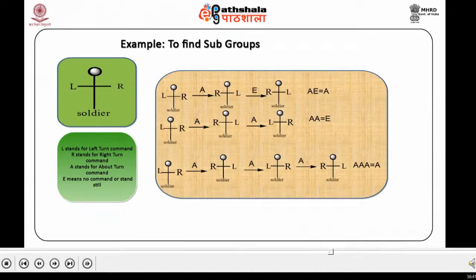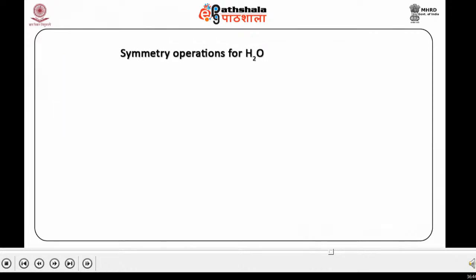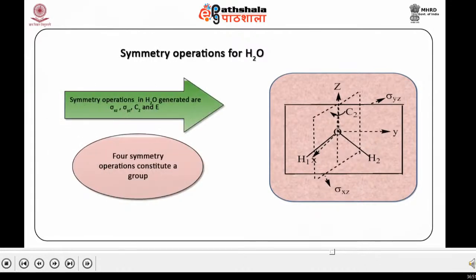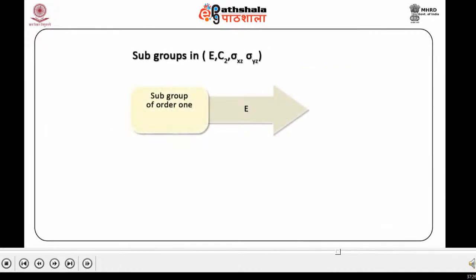The remaining subgroups of order 2, E, L; E, R; L, R; A, L; A, R, etc., do not constitute groups. By taking the example of the water molecule, we can find the subgroups in the group sigma xz, sigma yz, C2, E. Here E is always a subgroup of order 1.